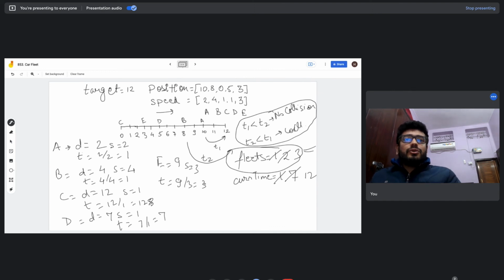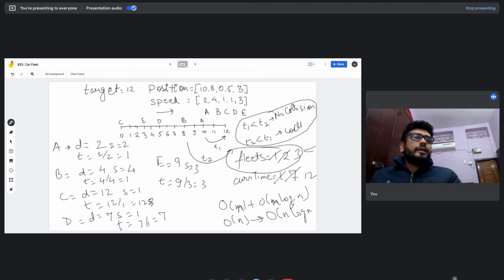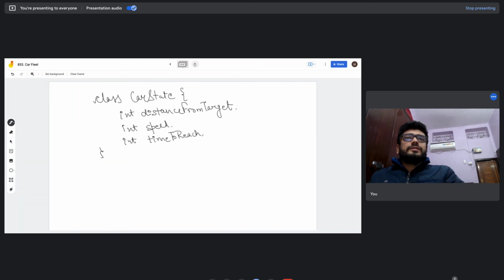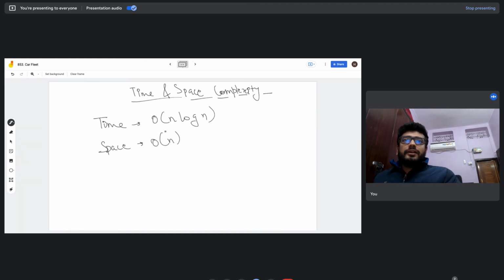That takes O of n time, right? Then our next step is to sort all these cars by their distance from the target. Sorting takes O of n log n, as we already know, right? And then we do a loop across that sorted array, which takes O of n time, right? So the final time complexity of this problem is going to be O of n log n, right? So this is how the time and space complexity of this problem looks.